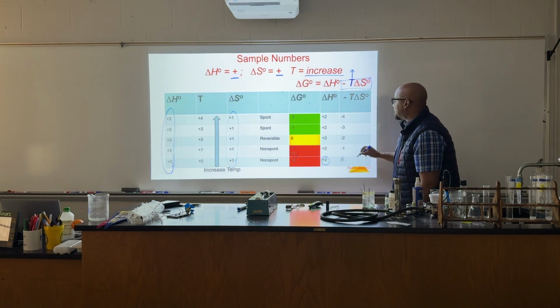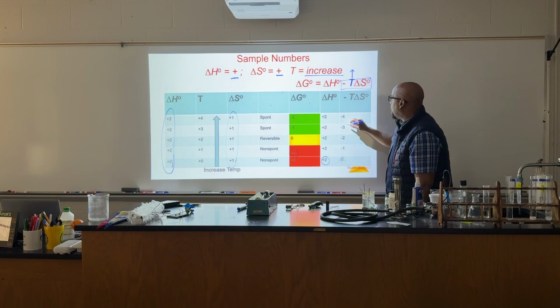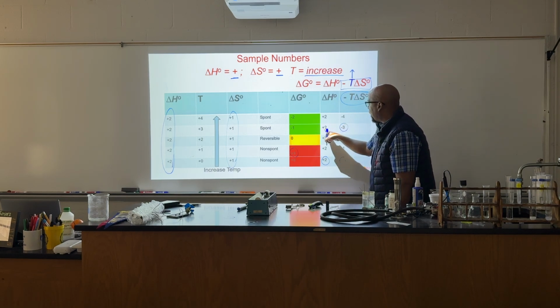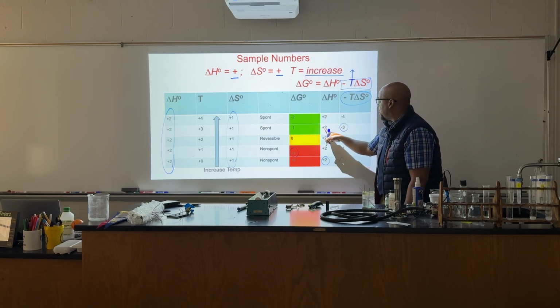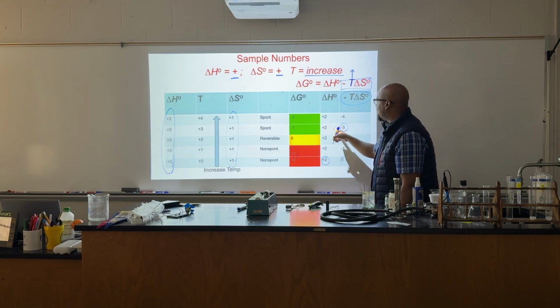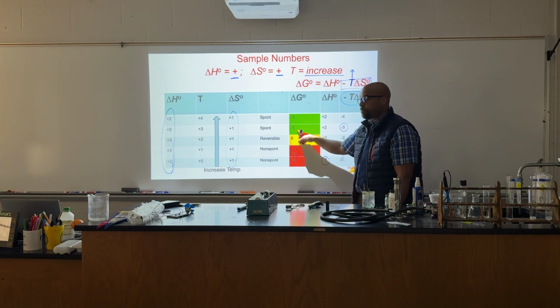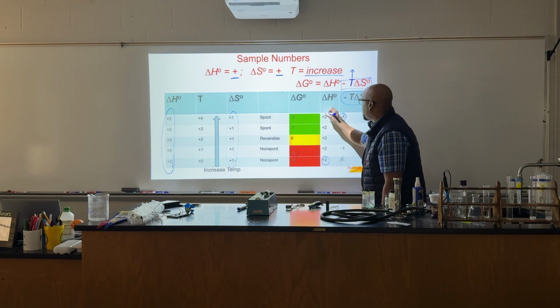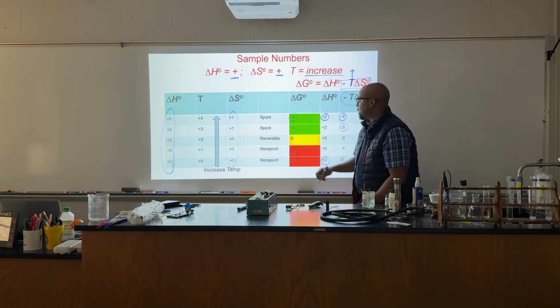But you'll notice as the temperature continues to go up, my expression right here is going to start to outweigh that 2 that I have sitting right here. So you'll notice that -3 plus 2, I get a negative 1. It's now spontaneous. Raise the temperature even higher. -4 plus 2, I get a negative sitting right here.